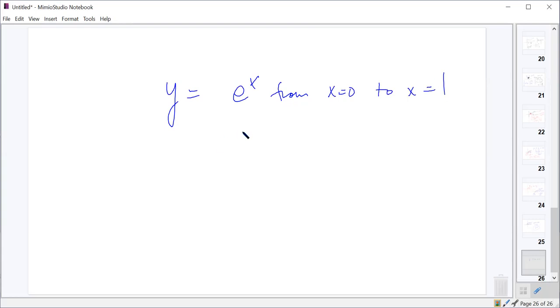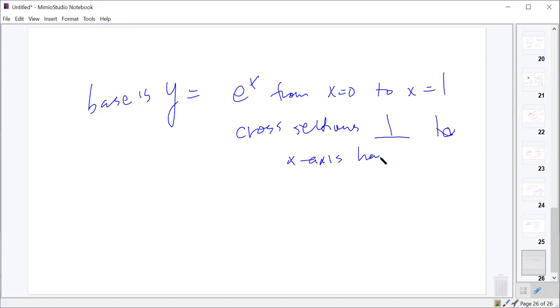And they might say that cross sections perpendicular to the x-axis have an area of something like 2 minus x squared, right?